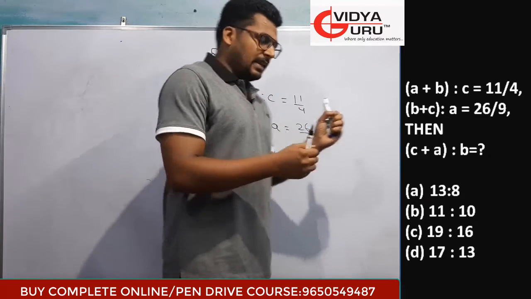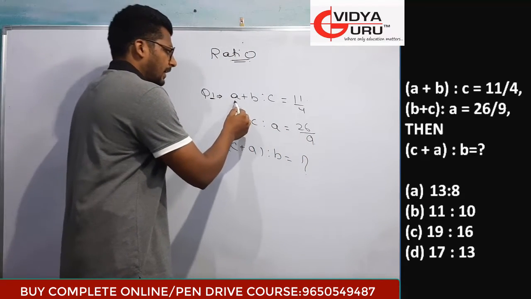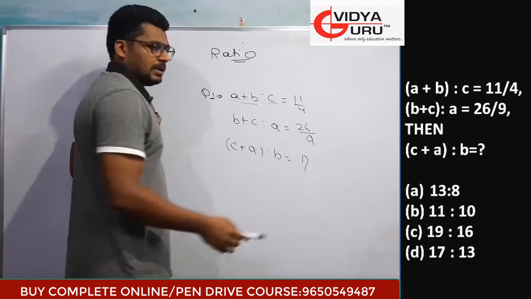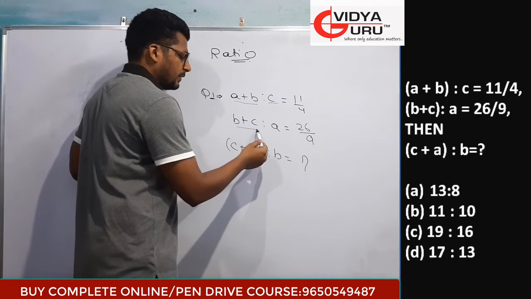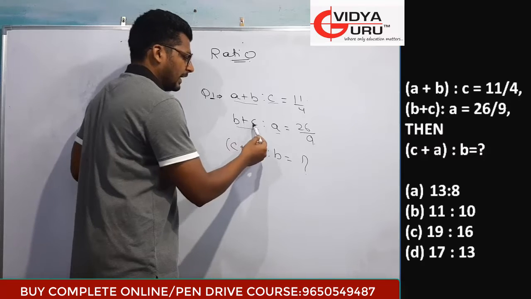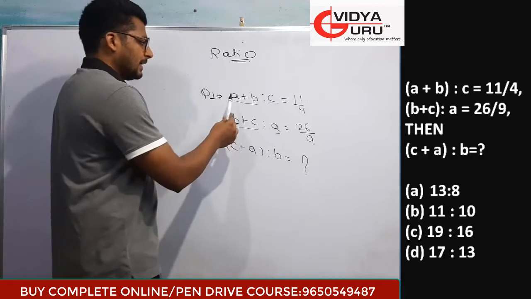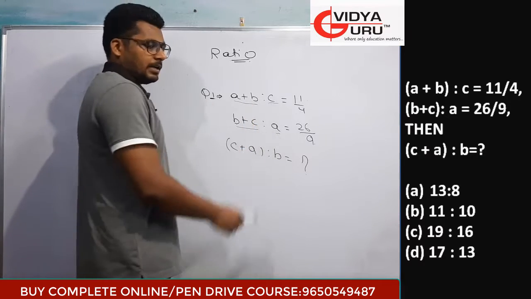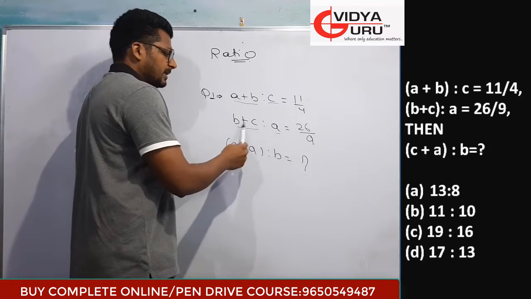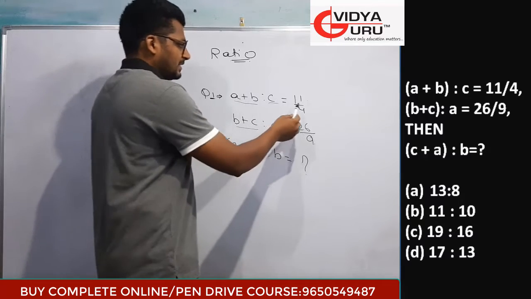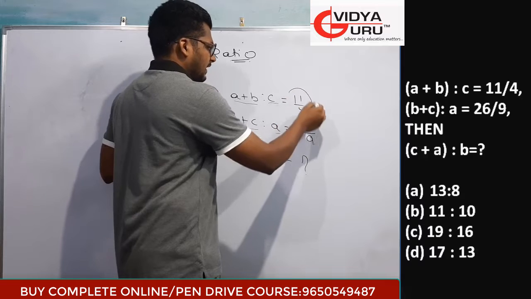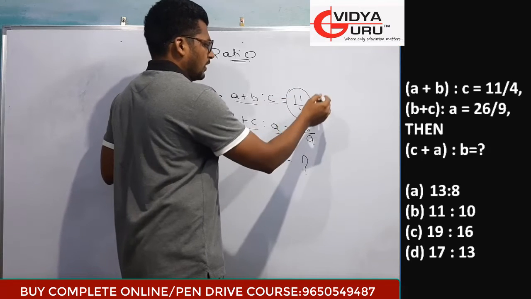If we see what is given here, A, B and C are given in this equation, and in this equation also A, B and C are given. That means A plus B plus C here should be equal to A plus B plus C here. What is A plus B plus C here? 11 plus 4, 15.